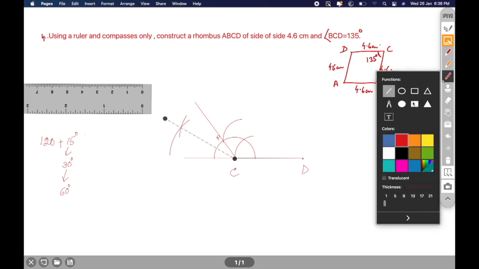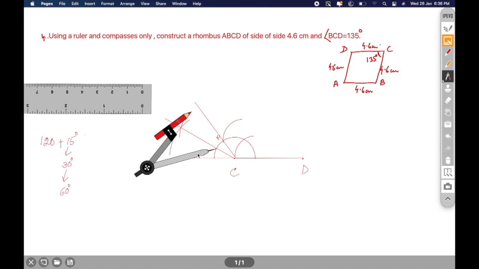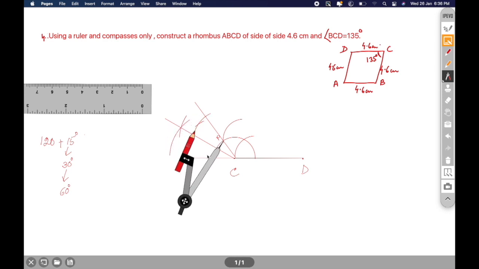Now again we have to bisect this 30 degree angle with any radius we like. Over here, suppose I am reducing the radius so that I have a neat and tidy diagram here. I'm drawing one arc here. Next, with this point P as center, I'm drawing another arc to intersect this arc.